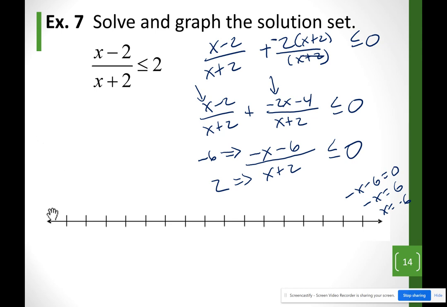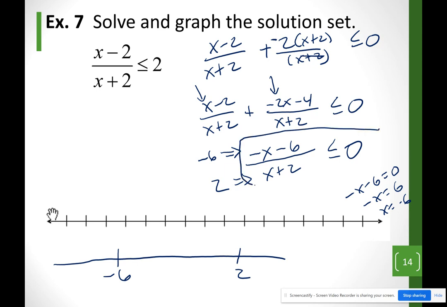I'm going to use some space here. Negative 6 and 2. Now, for us to try this out, I'm thinking of any number less than negative 6. I'm just going to call it x. This time, I'm not going to tell you which number I'm thinking of.